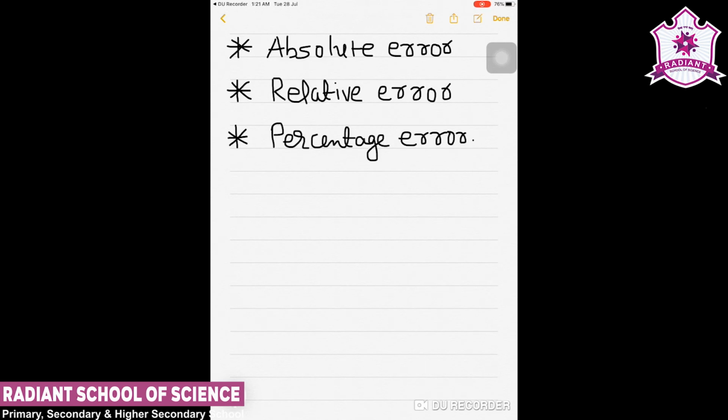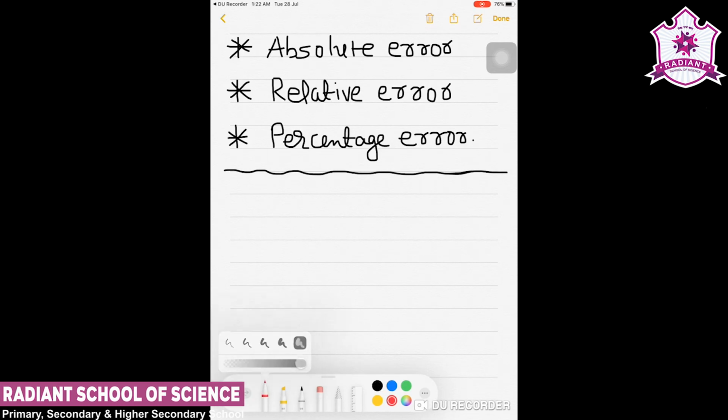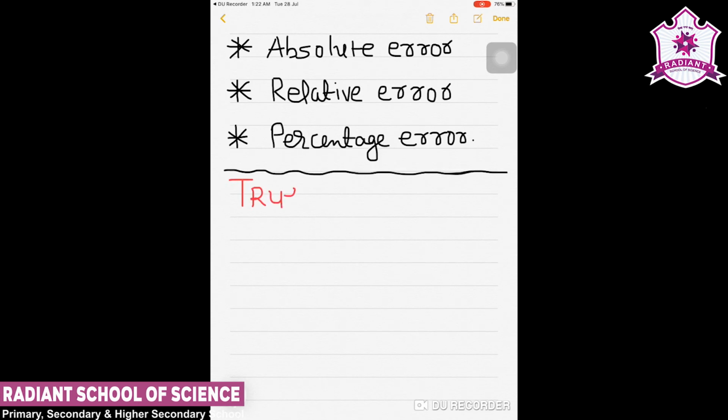But before measuring absolute error, we will find another interesting term that is called the true value. So what is the meaning of true value? How do we get this true value? In general, if we do not have any method of knowing the true value, we consider the arithmetic mean as the true value.